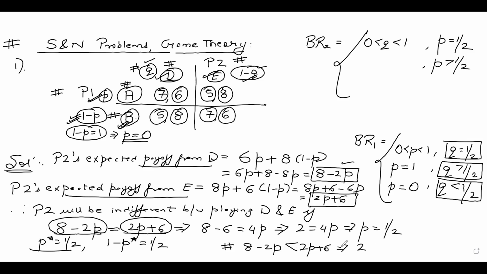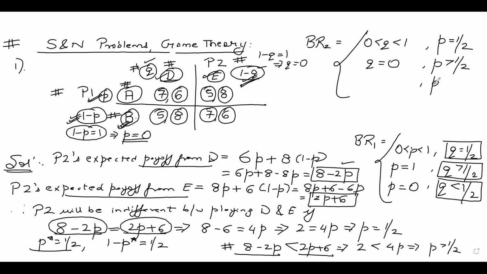You can solve this. You will get 2 less than 4P, which implies P greater than half. So for player 2, when expected payoff from D is less than expected payoff from E, player 2 is going to play E for sure. E for sure means 1 minus Q is equal to 1, which implies Q is equal to 0.